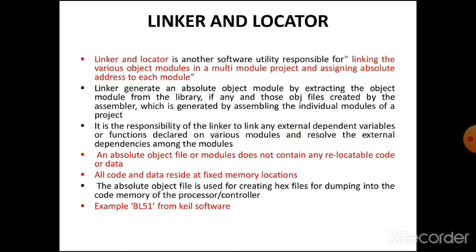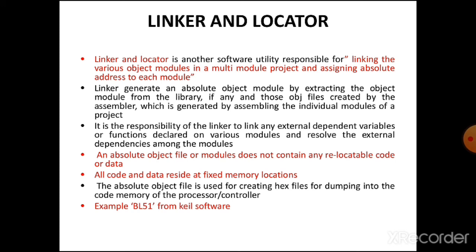The next one is the linker and locator, which is another software utility responsible for linking various object modules in a multi-module project and assigning absolute addresses to each module. Here there are two modules, module 1 and module 2, in our example. If module 1 and module 2 are linked, assigning absolute addresses to each module is done by the linker and locator.